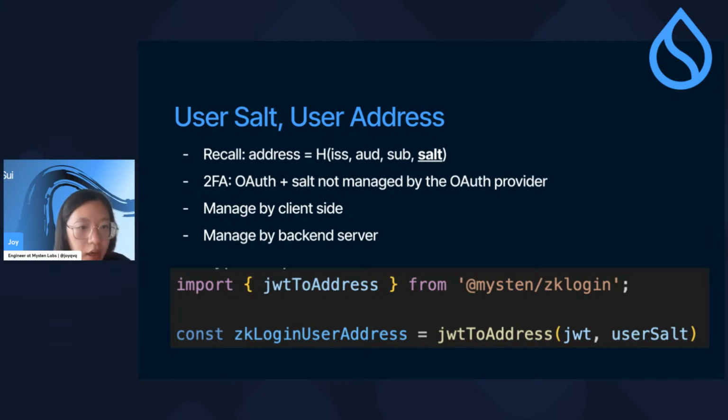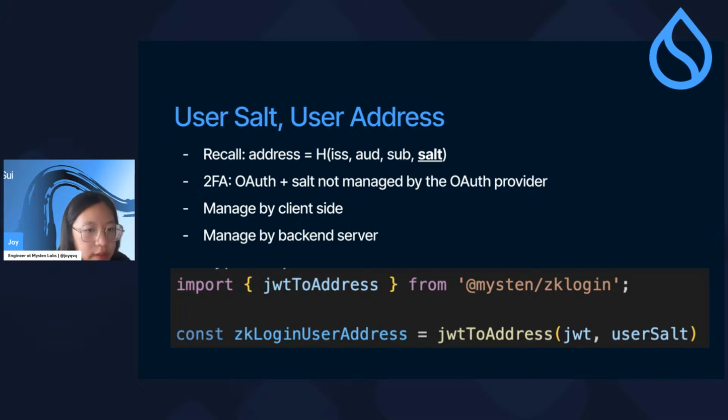It is also required for me to know that there's a salt associated with my account such that I can derive my user address. And in particular, the salt is not managed by the OAuth provider themselves. So in some way, you're always in control of your account by knowing both the OAuth credential and the salt.